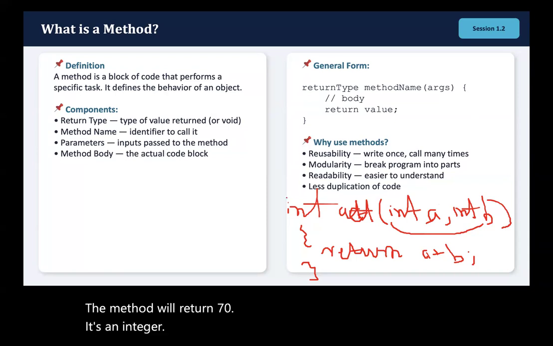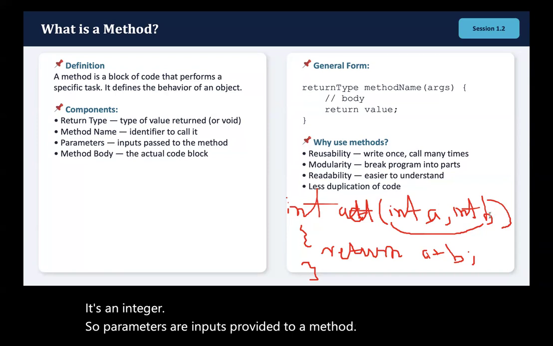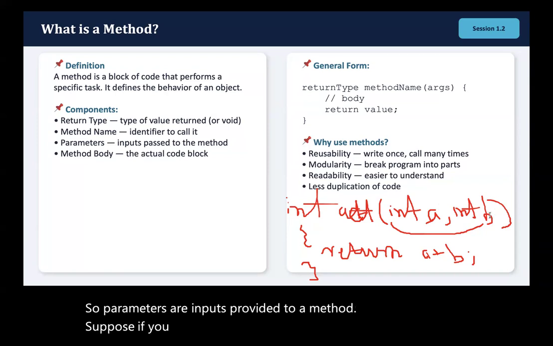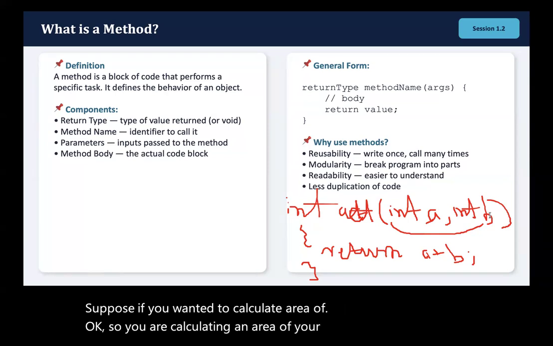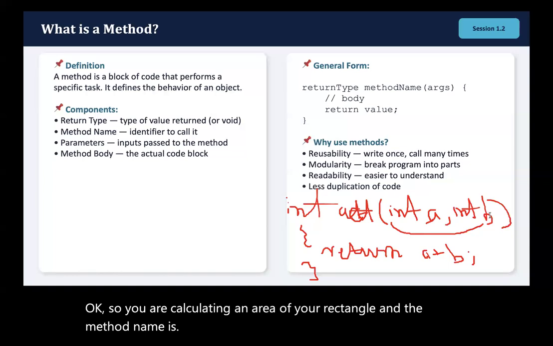So parameters are inputs provided to a method. Suppose you wanted to calculate the area of a rectangle. The method name is calculate area.